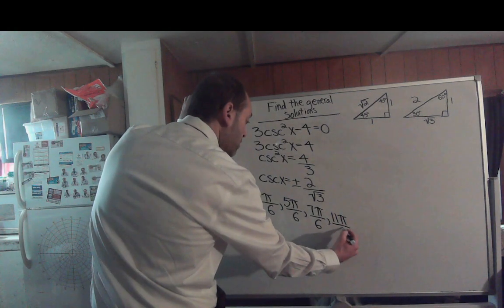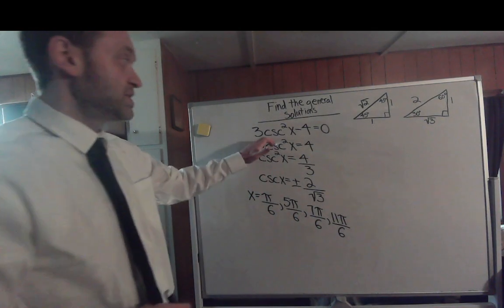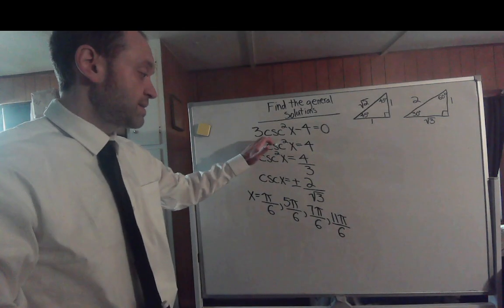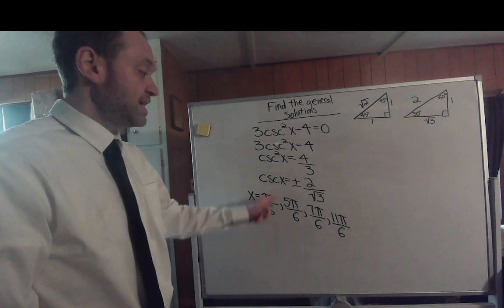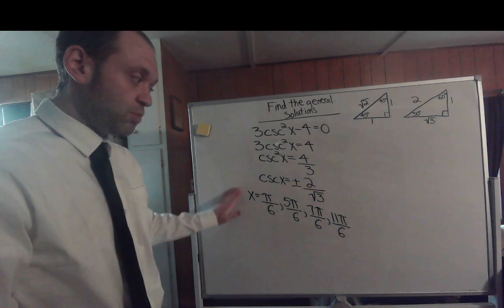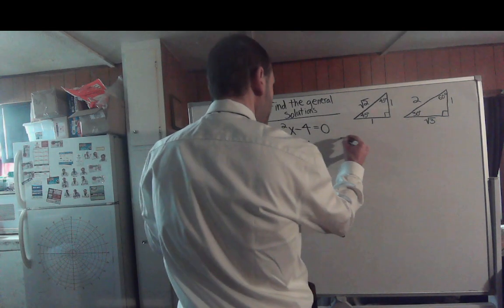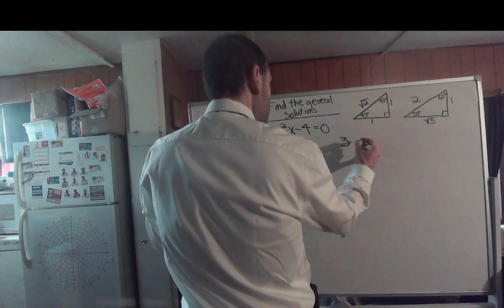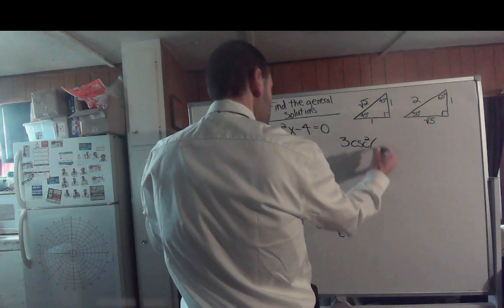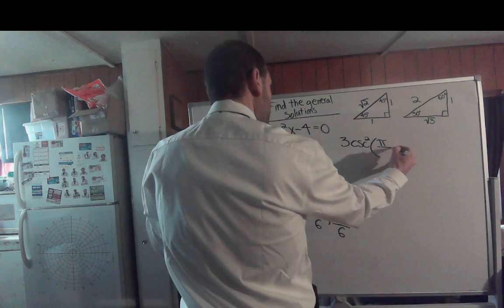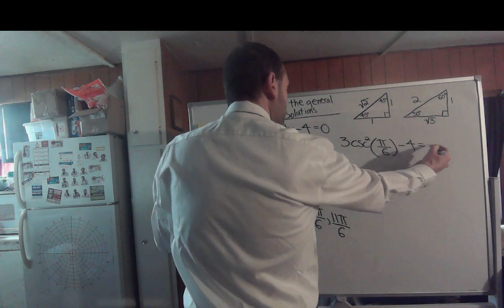But we're not done yet. You have to check for extraneous solutions since this is a quadratic. So we're going to test each single one of these. Think of this more as a checklist. So 3 times the cosecant squared of pi over 6 minus 4 should equal 0.